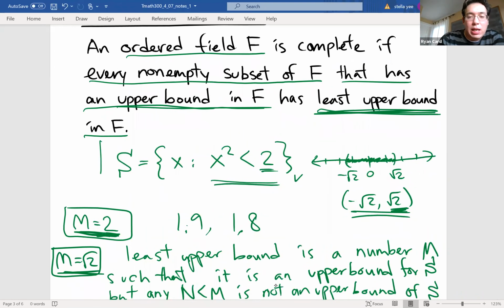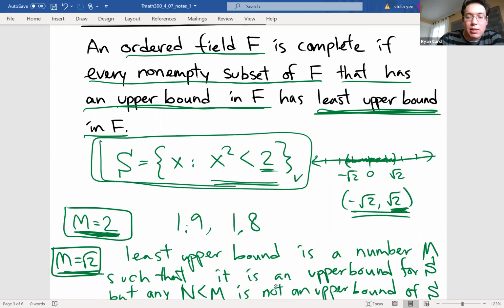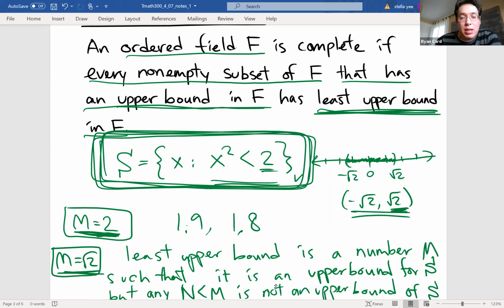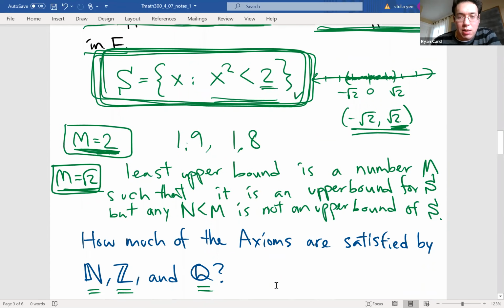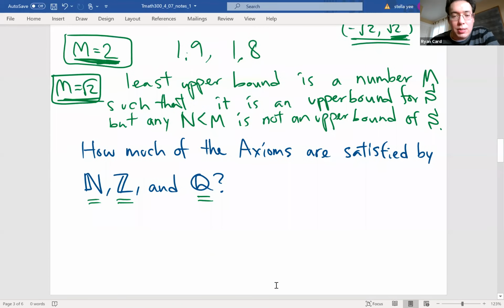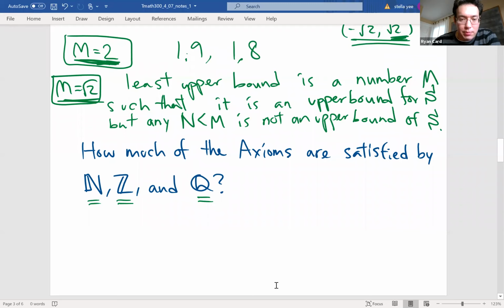That would be the case for this particular set. If you're looking at this set inside of rational numbers, then you cannot find what's called the least upper bound. You need to go to real numbers to actually find the least upper bound. I hope that made sense.